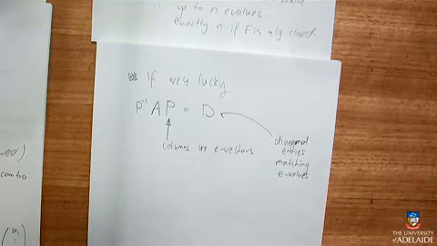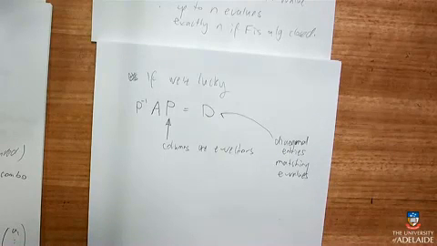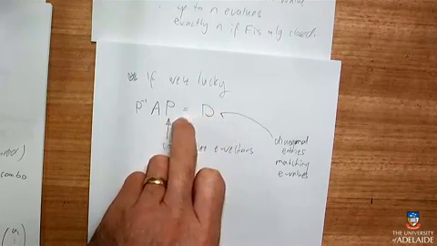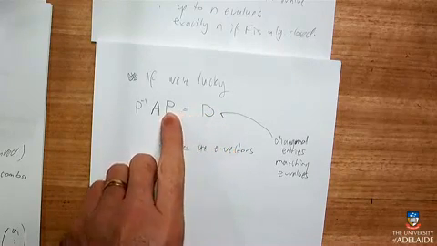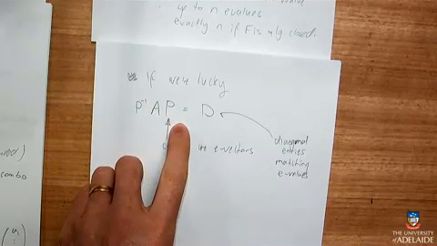And that's great. But the problem is that if you don't have enough linearly independent eigenvectors to produce a matrix P that's invertible, you won't be able to do this.